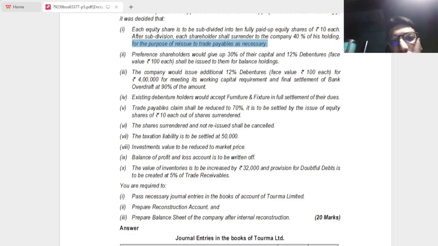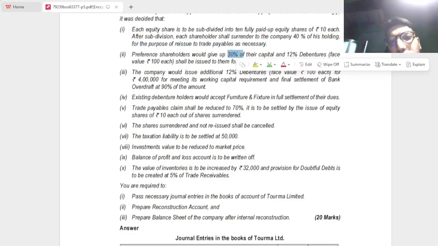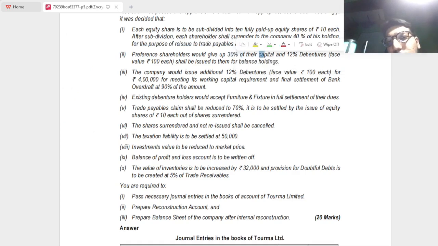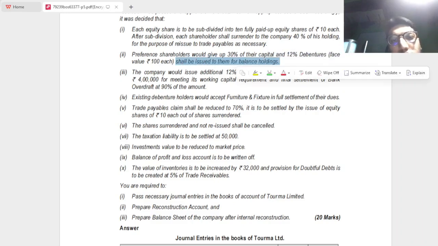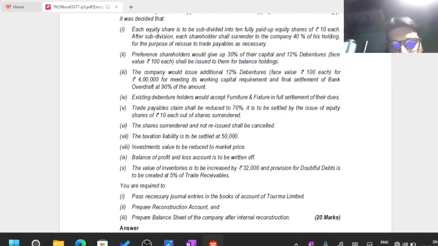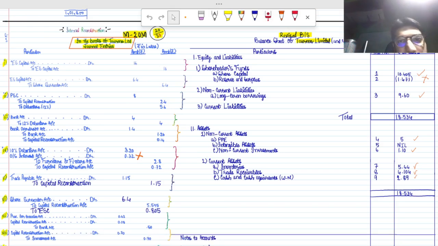Preference shareholders would give up 30% of their capital, and 12% debenture at face value shall be issued to them for the balance holding. Bank account debit to debenture 4 lakh. Bank overdraft 1.4 lakh, 1.26 and 0.40.